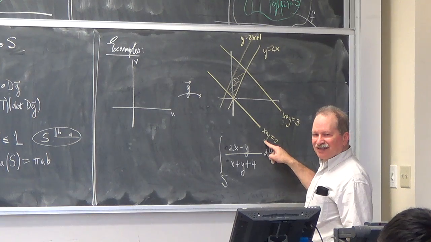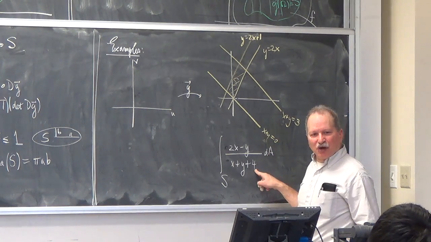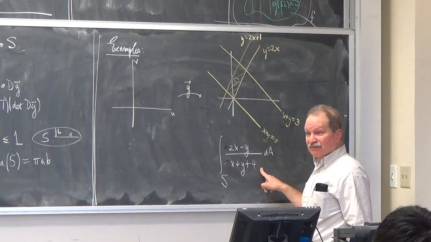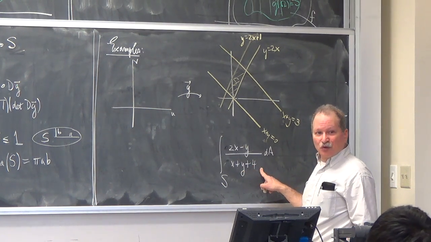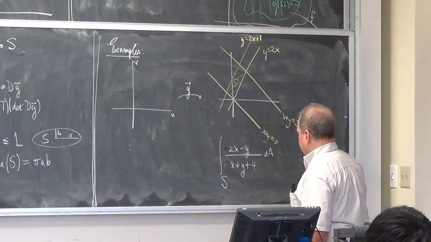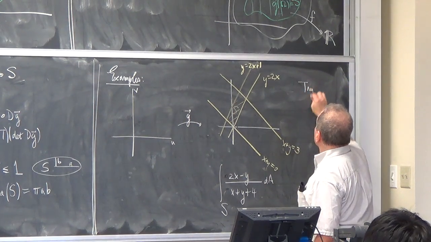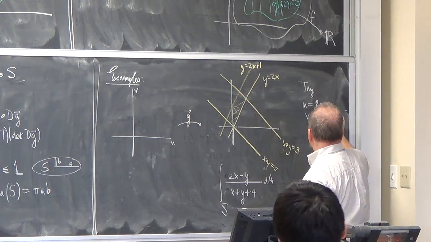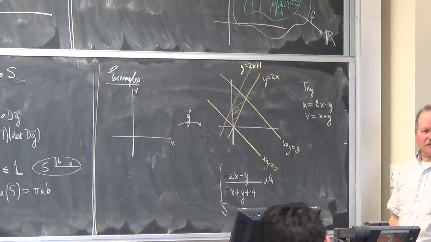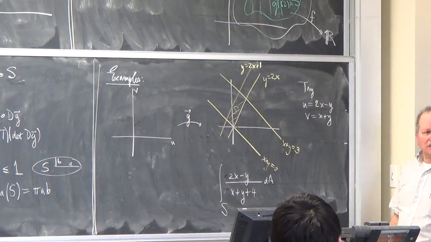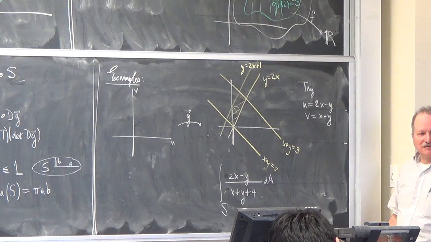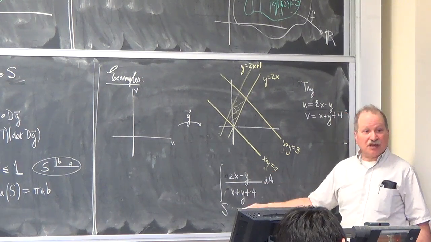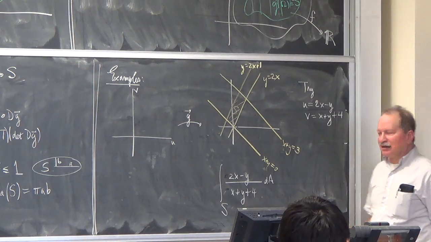Will is not worrying about the 4 at the moment, although we could put x plus y plus 4, couldn't we? Do you want to do what Will said, or do you want to put the 4 in there? I don't care. Let's put the 4 in there. So this becomes u over v. That's not bad.